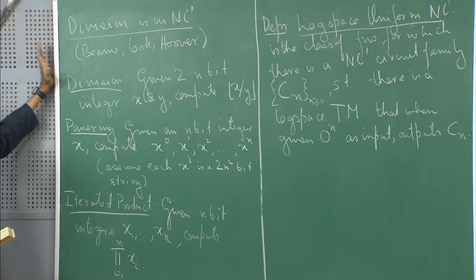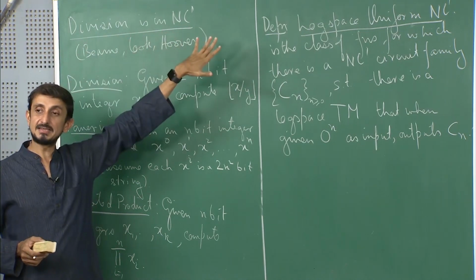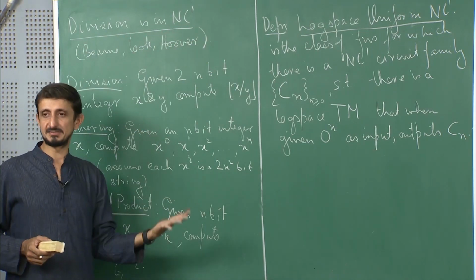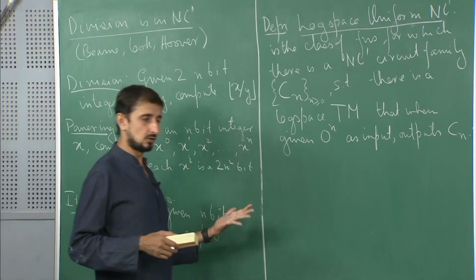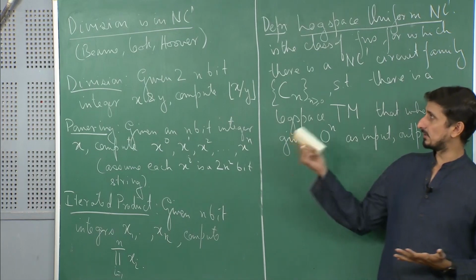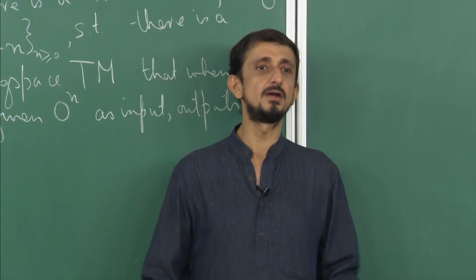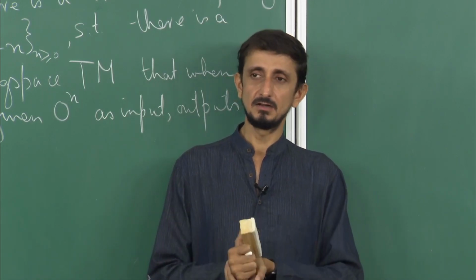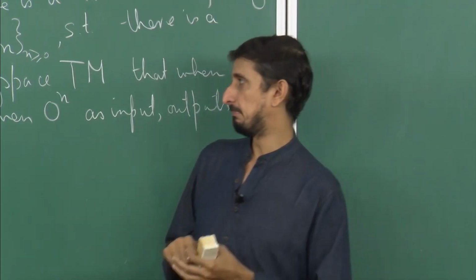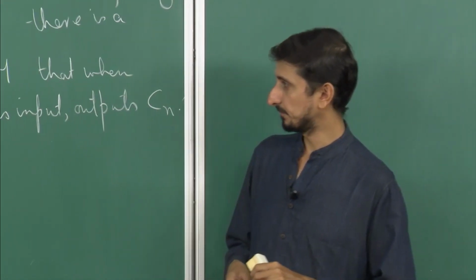Because finally what we will show is that division is not just in NC1, but is actually in log space uniform NC1. So, not just is there an NC1 circuit family computing division, that circuit family can also be computed in log space. That is the power of this theorem.